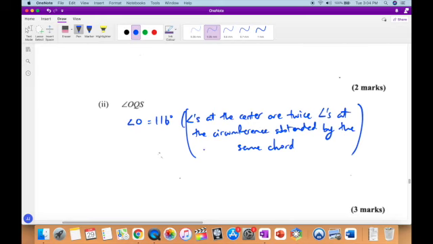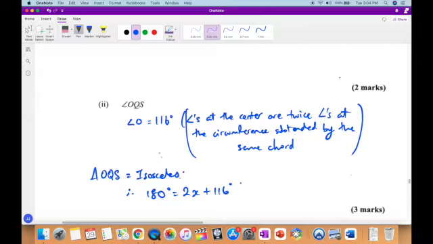And now we could see that the triangle OQS is an isosceles. Therefore, 180 degrees is equal to 2x plus 116.